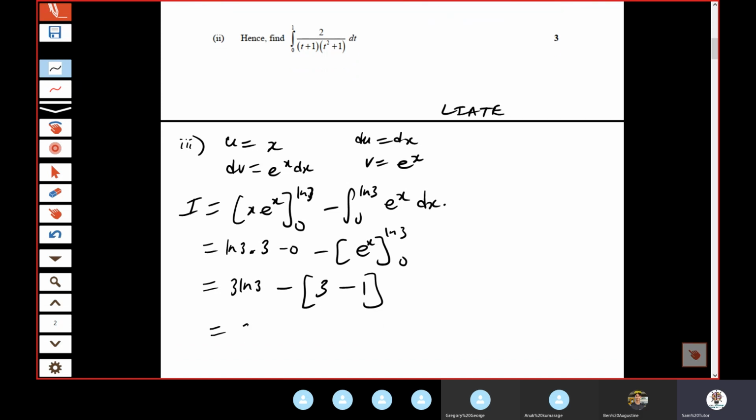And then the answer is 3 log 3 minus, so 3 minus 1 is 2, and then negative 2.